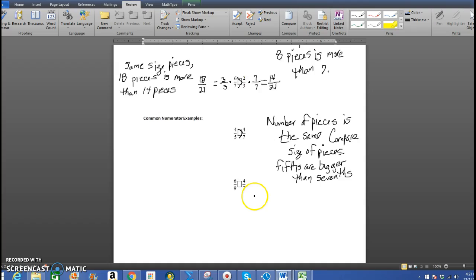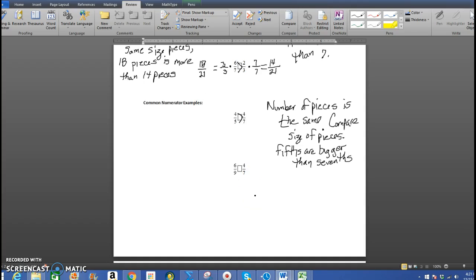All right, next one down. Again, this one does not have common numerators right now, but we're going to first do that. So I've got a 6 and a 4, and I can turn both of those into 12s so that I have common numerators. And I do that by multiplying the first one by 2 over 2, and the second one by 3 over 3.